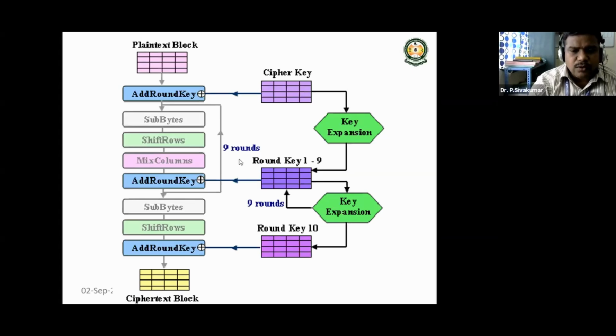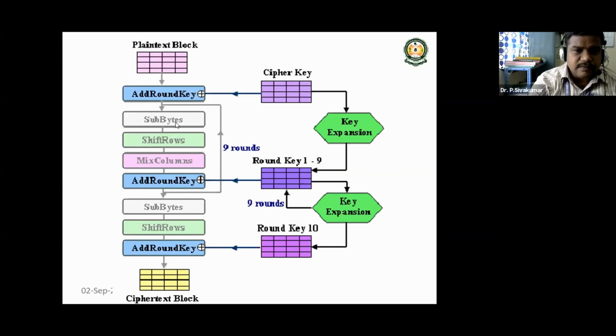Similarly, after 10 rounds are completed, only then do we get the original ciphertext block. In the cipher key, the 4 by 4 byte key is expanded 10 times.